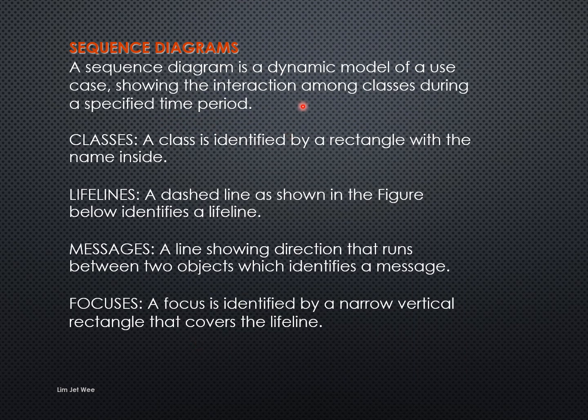Then you have the sequence diagram. This shows the interaction among the classes. So you have the classes, which are represented by the rectangles. You have the lifeline; later you will see why the lifeline is a dash line. Then the messages between the objects, and of course the focus.